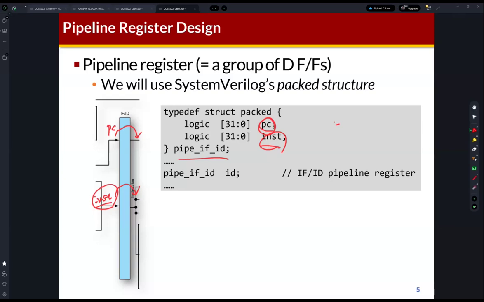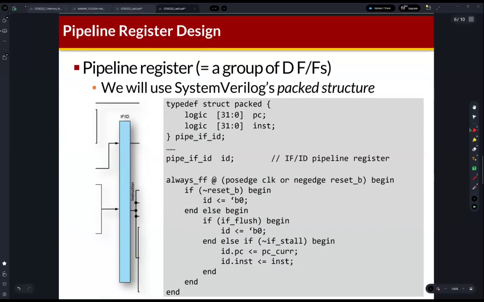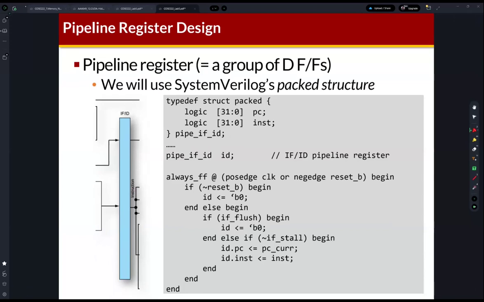So this is the structure. Then the structure is defined, and using this packed structure, we can implement the pipeline register. I will show the example. Firstly, the packed structure is defined in the SystemVerilog file, and then I declare this structure variable.